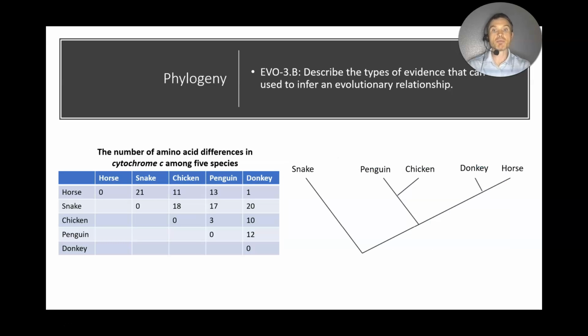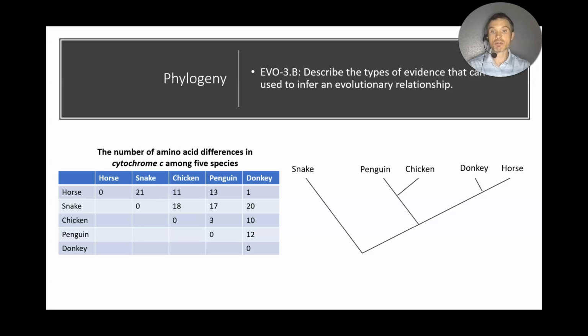So here's an example of how this phylogenetic tree could look. As I said before, the snake is the most different for all the different characteristics. You can see that if you compare the horse to the snake, it's 21 amino acids different. The horse and the chicken is 11. The penguin and the horse is 13. So if you remember from before, we would represent the snake as the outgroup in this example.